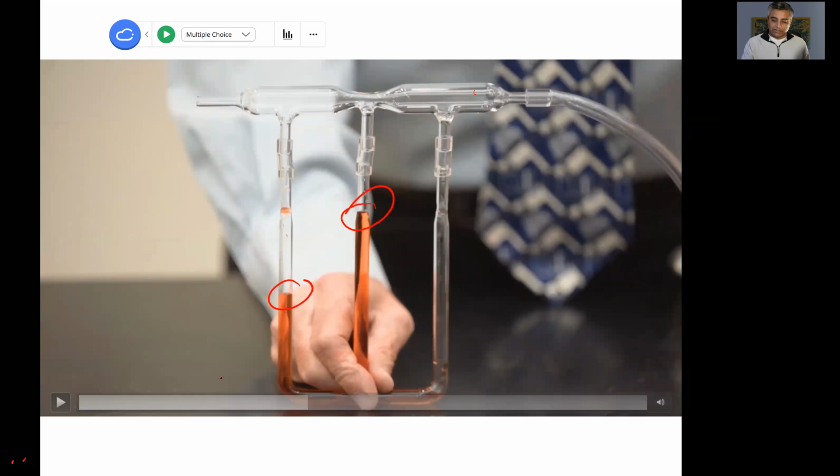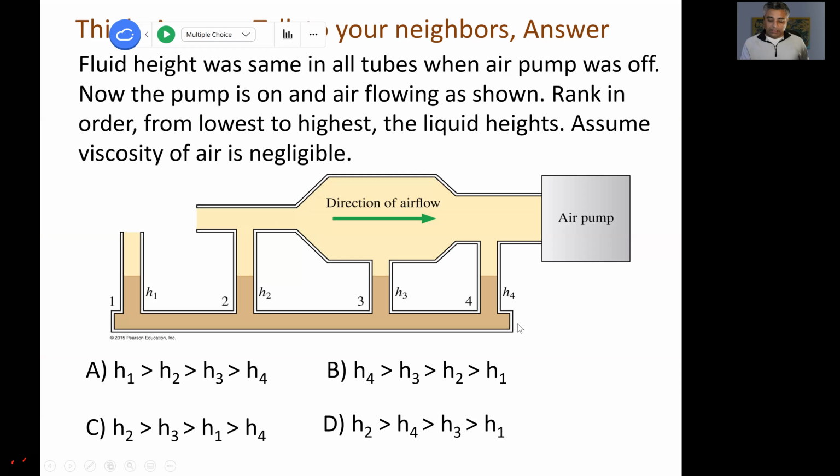Higher where there is faster moving. See, this concentric means V is larger. So that means pressure is lower. So that means it can rise higher, okay? So with that, D is going to be the correct answer in this case.